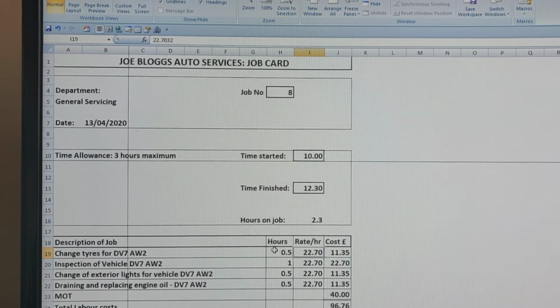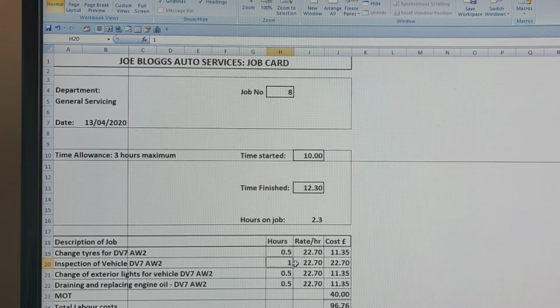It has taken this mechanic half an hour to change 2 tires, and the charge out rate is £22.70 an hour, which means it costs £11.35 of staff time to change those tires. Now, inspection of the vehicle also took that mechanic 1 hour.